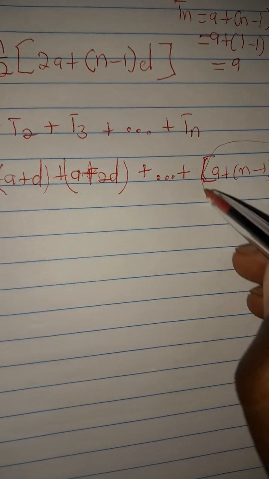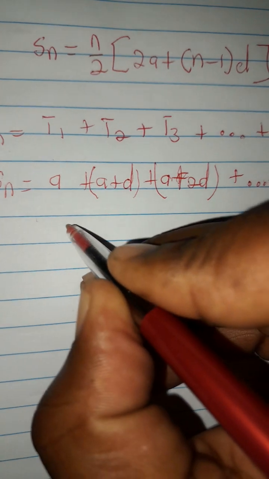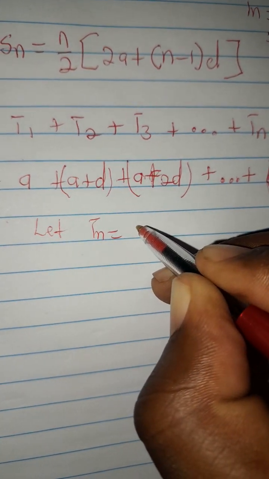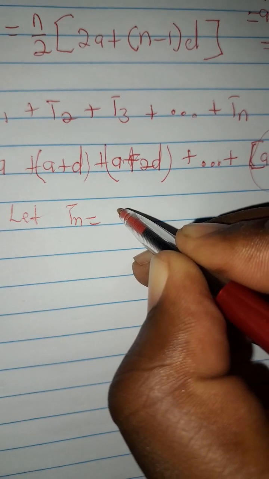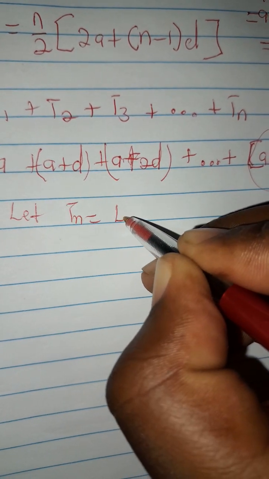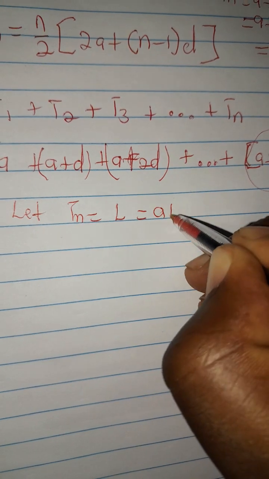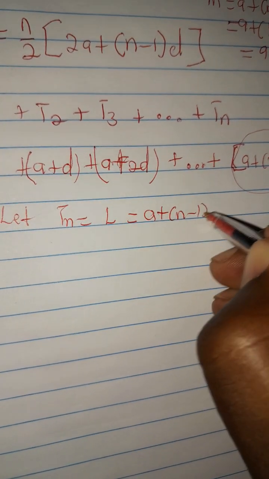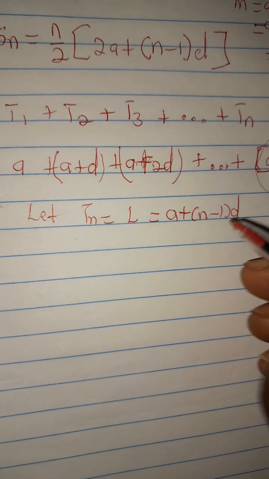Let Tn, which is this part, be equal to L. We'll use L: Tn = L = a + (n - 1)d.